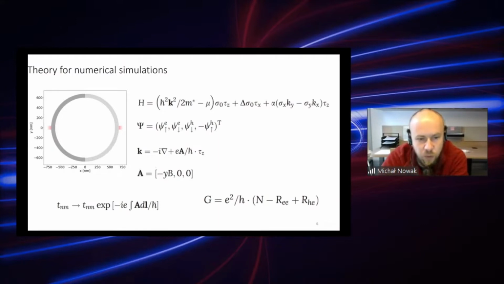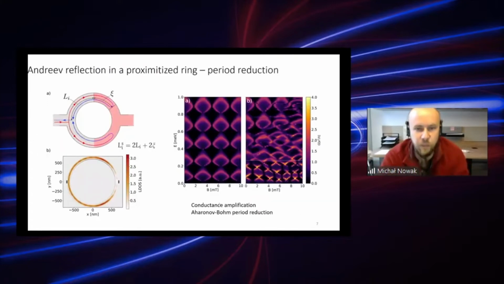Then we use Peierls substitution of the hopping elements, and finally calculate the conductance of the system, which is basically obtained by tracing how electrons reflect into the left lead and how holes, after Andreev reflection, reflect to the same lead.